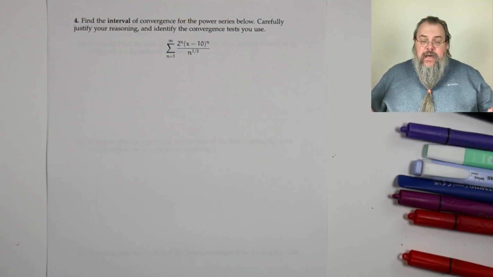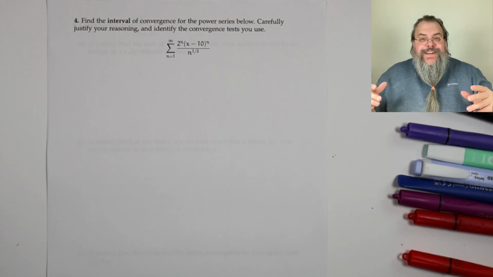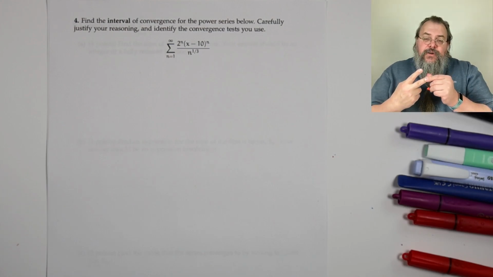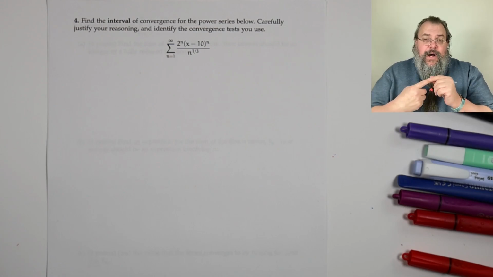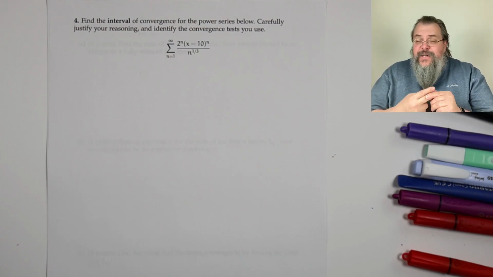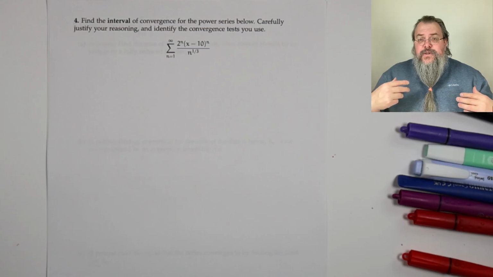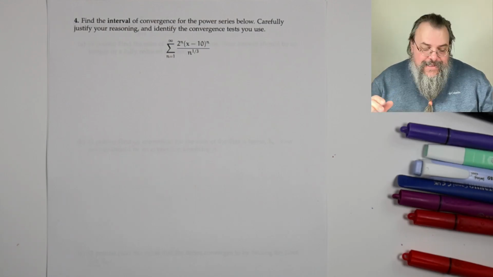And now, almost always, in other words, always, we're going to start by using one of two tests, ratio or root. And the rule of thumb is, as much as possible, use the root test. Root test is going to be a simpler test. If you have factorials, or occasionally if you see lots of plus signs, then you might shoot for ratio, but in general, root test is where it's at.